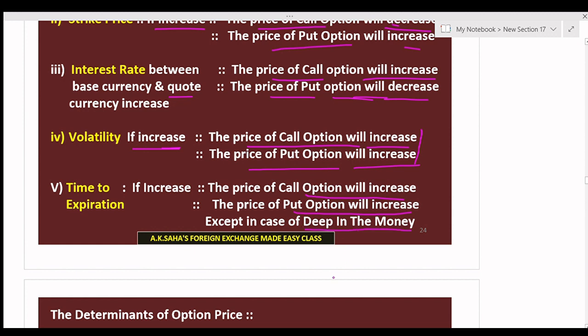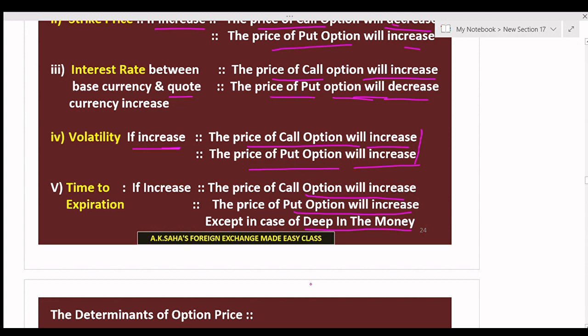Deep in the money position means when the strike price is significantly below the spot price, that is, the spot price is significantly high, in the case of a long call. And in the case of a long put, the strike price is significantly above the market price or spot price, or the spot price is significantly below the strike price.